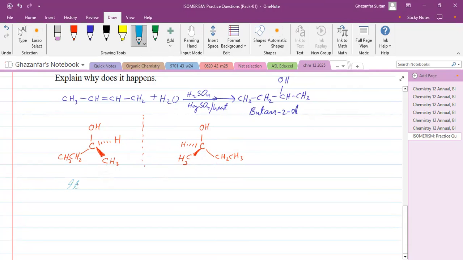It is because the product butan-2-ol has one chiral carbon.